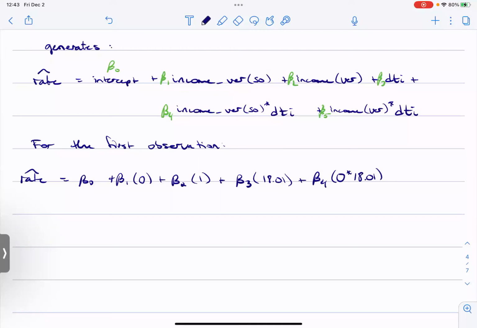Because you're allowing them to, you say, okay, well, they're probably moving together, right? That's when you would include an interaction term. Plus beta 5, and this one is 1, so times 1 times 18.01. Does that help or hinder?